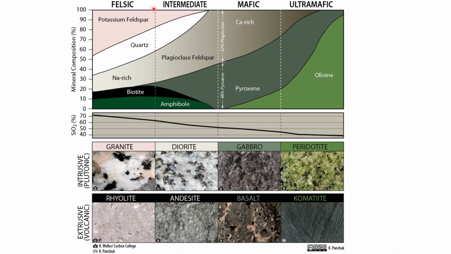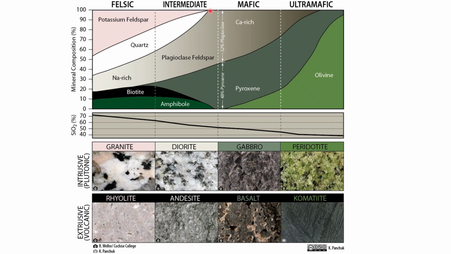So if you're looking at felsic, we have the less dense minerals that you see in the continental crust. So think a composition like granite. You have a large percentage of potassium feldspar. You have quartz. Your plagioclase feldspar is going to be rich in sodium. You'll have a little bit of biotite and a little bit of amphibole.